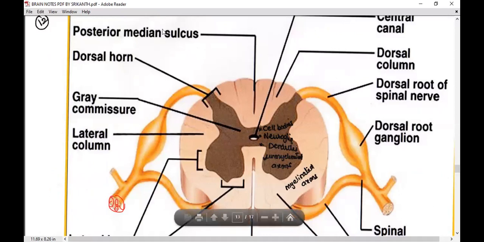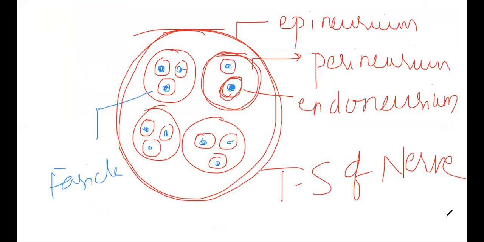Next, based on the movement of the axon, how to recognize whether it is a sensory nerve fiber or a motor nerve fiber. For that, we have to start with the basics.